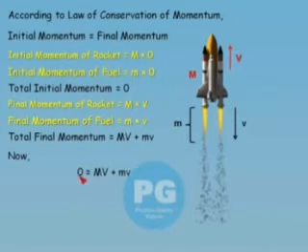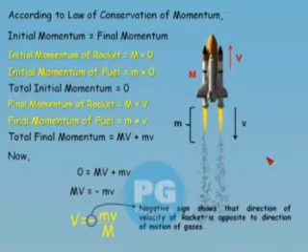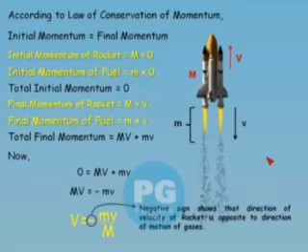Now applying the law of conservation of momentum, 0 is equal to capital M into capital V plus small m into small v. So capital M into capital V is equal to minus of small m into small v. Then capital V is equal to minus of small m into small v divided by capital M. The negative sign indicates that the rocket moves in the opposite direction to the motion of the burnt fuel gas.